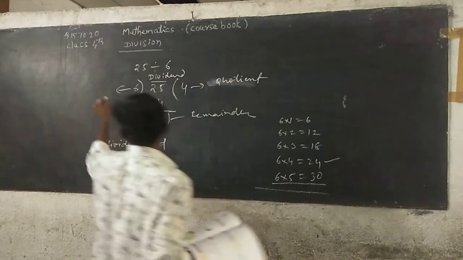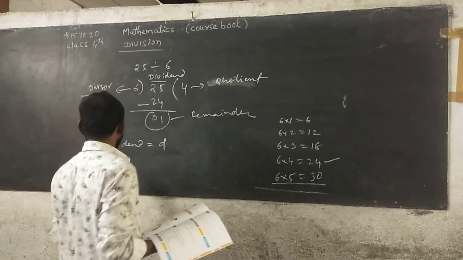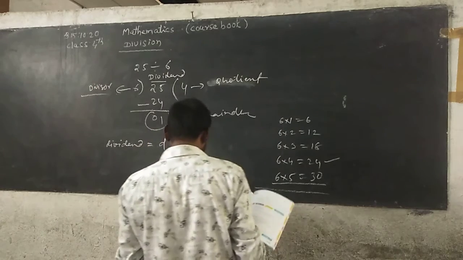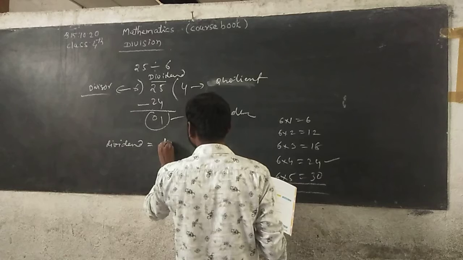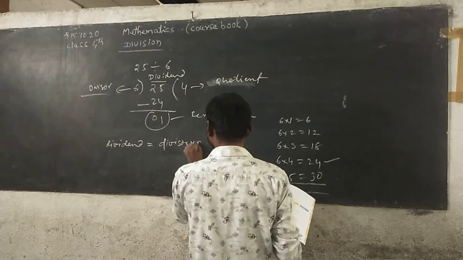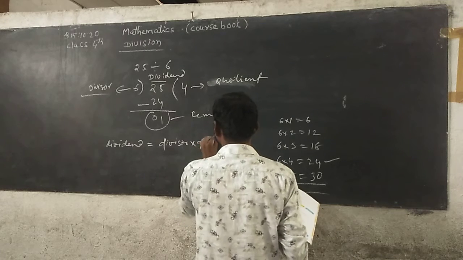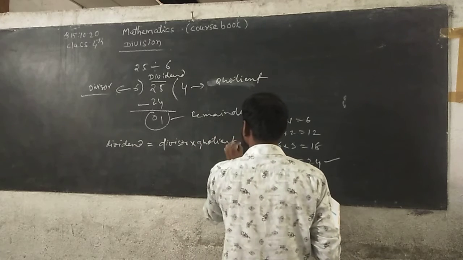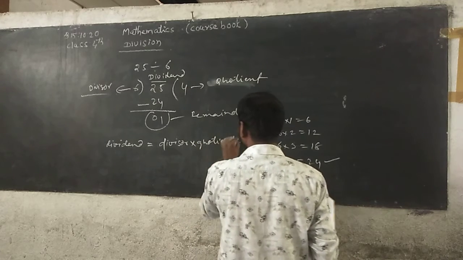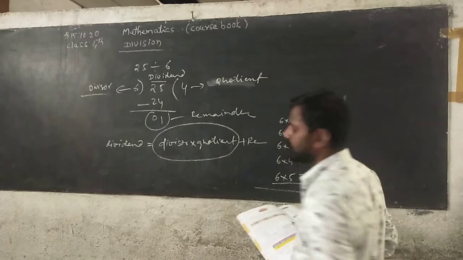This is the remainder. This is the divisor. Dividend is equal to divisor into quotient plus remainder. Means multiply, and add the remainder.